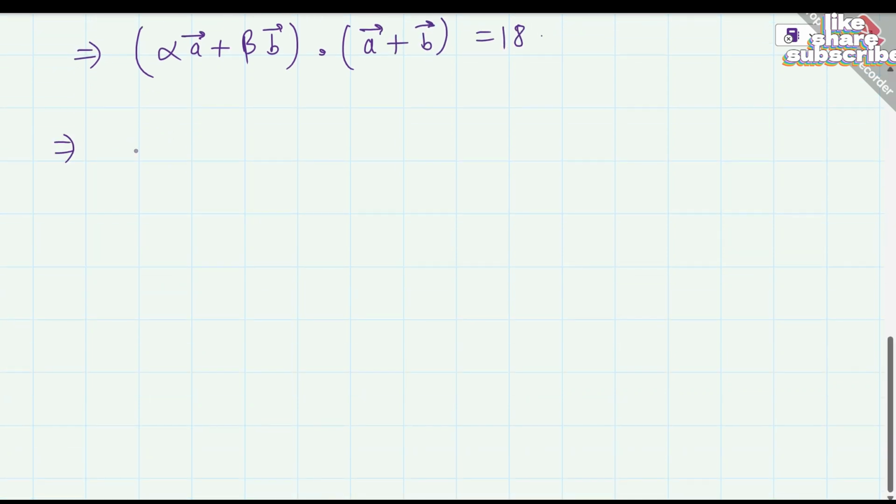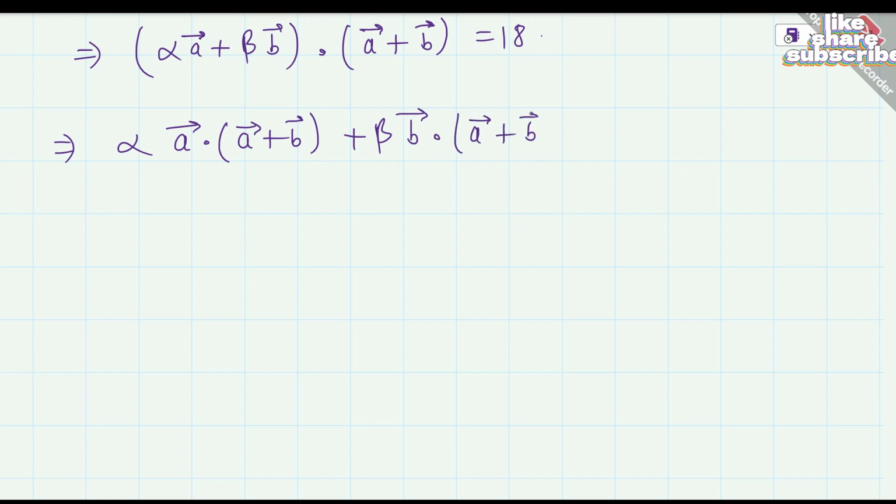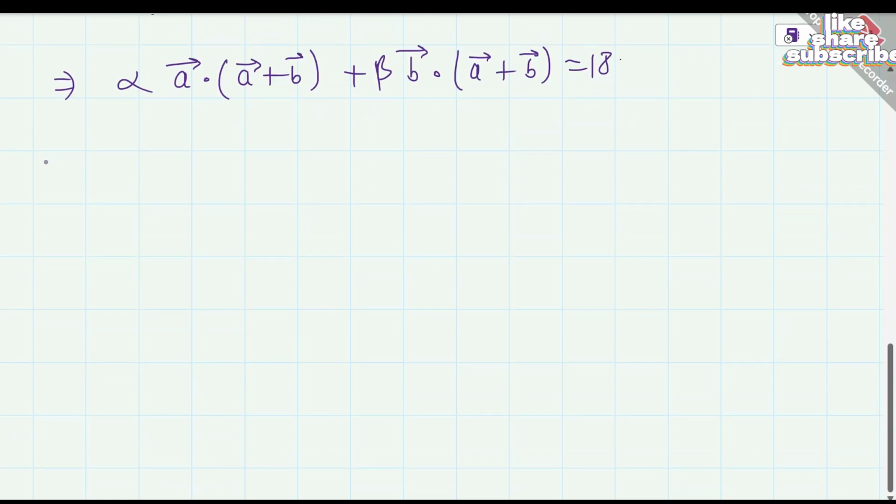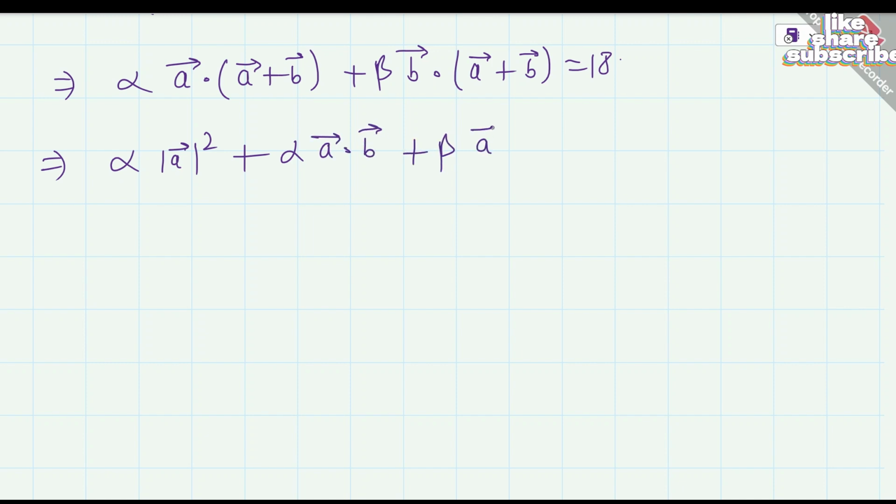Now we can write this by distributive property: alpha times vector A dot A plus B, plus beta times vector B dot A plus B, is equal to 18. Using the property, we can write this as alpha times modulus of A square plus alpha times A dot B, plus beta times A dot B plus beta times modulus of B square, is equal to 18.